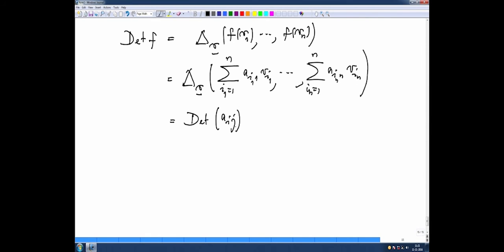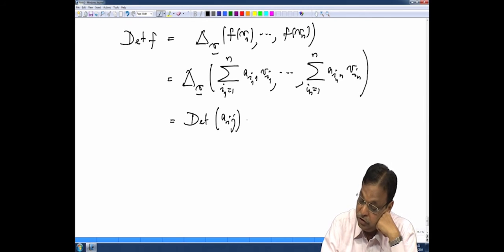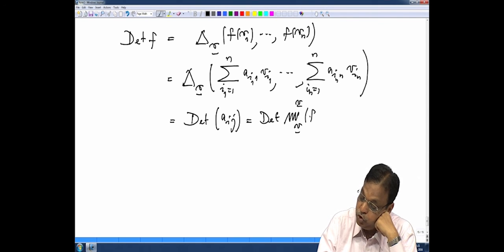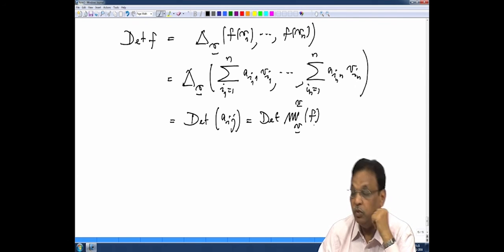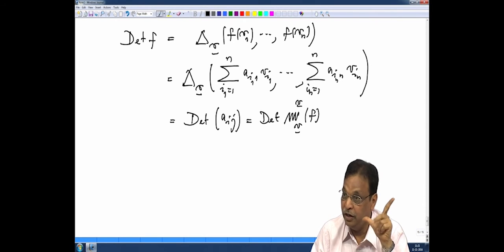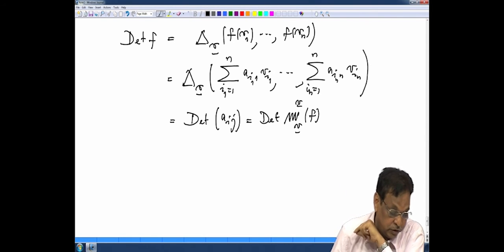That is how we have defined the determinant of an arbitrary matrix. So that proves these two, and this is the determinant of M V V F. So this shows that this new definition matches with the earlier definition with respect to the basis V.